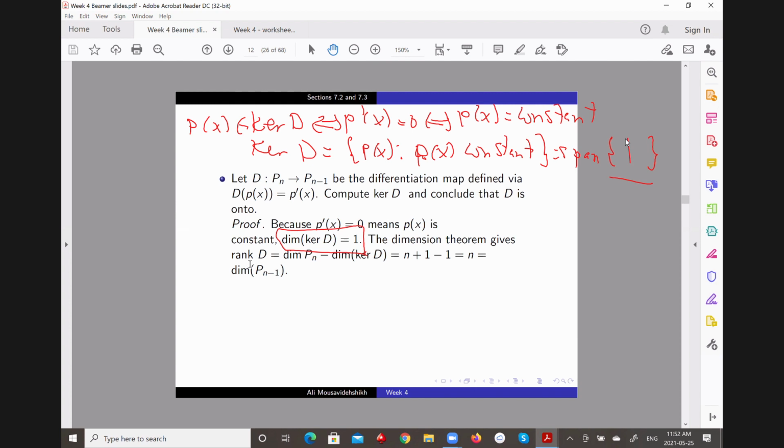In other words, the rank of D is exactly the same as the dimension of the codomain. But remember, the image is a subspace of Pn minus 1, and they have the same dimension. By theorems we did before, this means that they are equal to each other. And by definition, if the image is equal to the entire codomain, then the map must be onto.